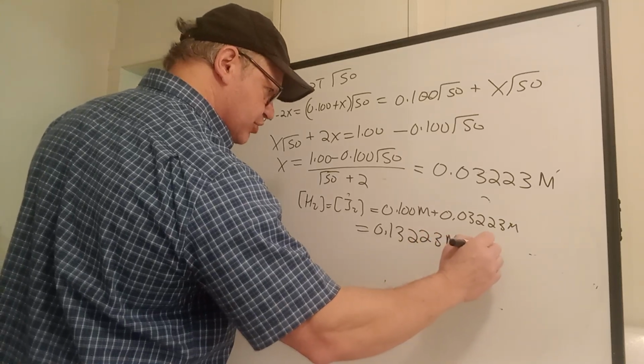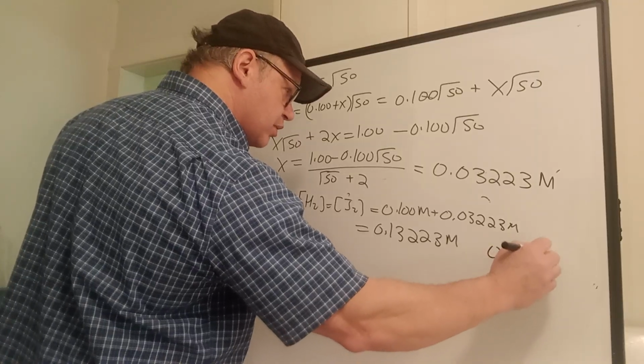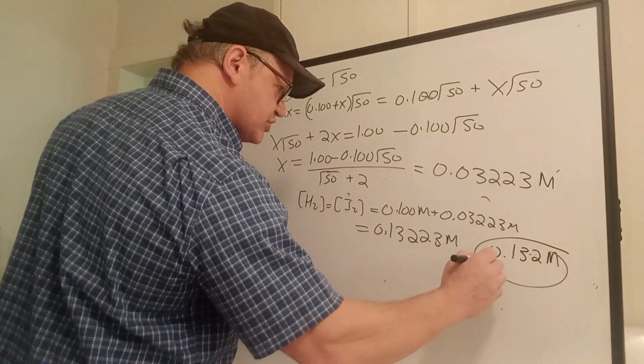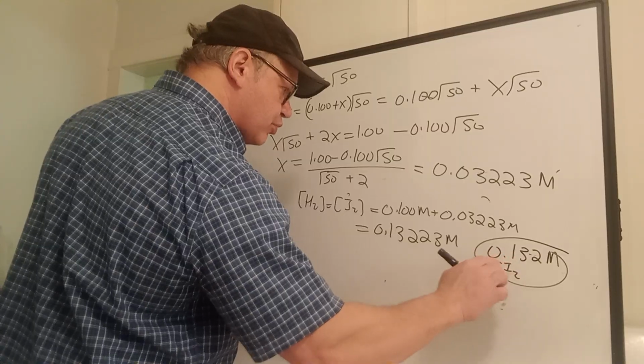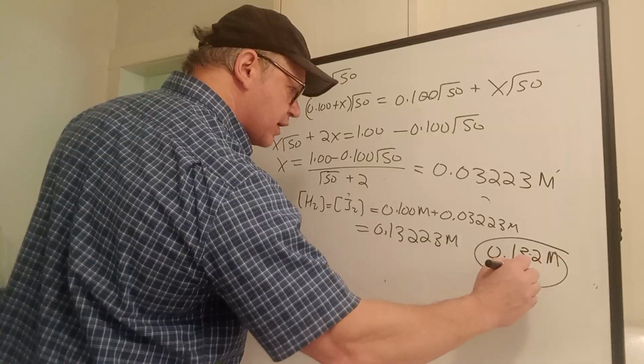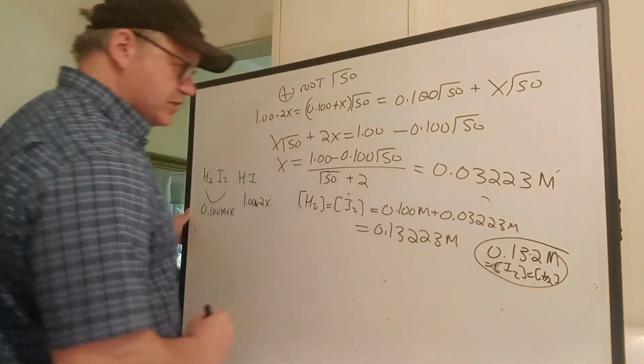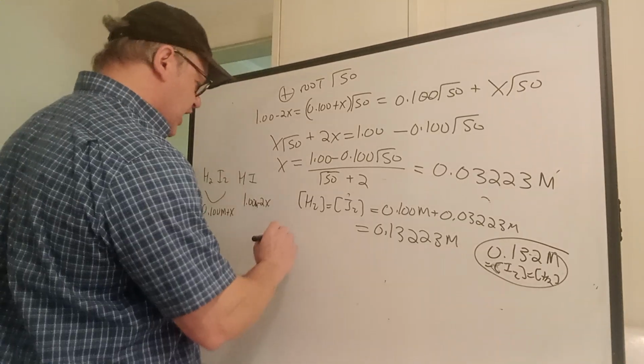In terms of the answer, this would be 0.132 molar. That would be the concentrations of I2 and H2.